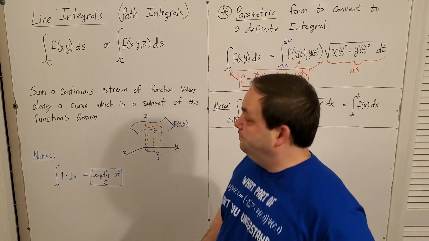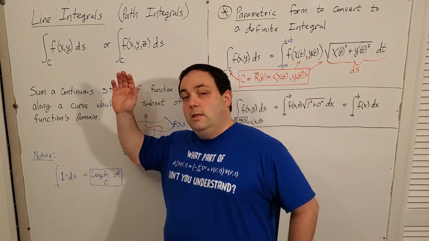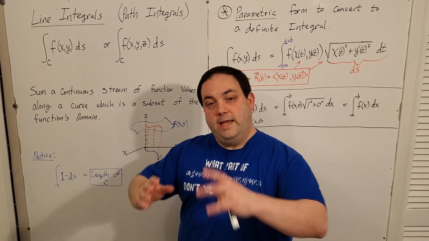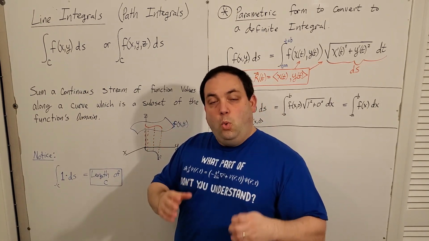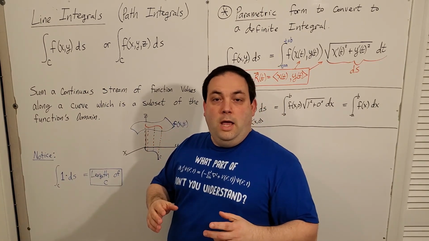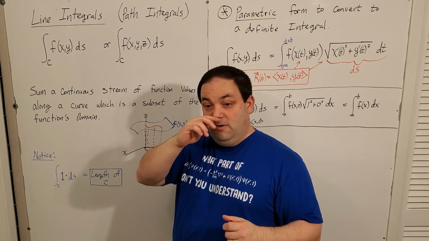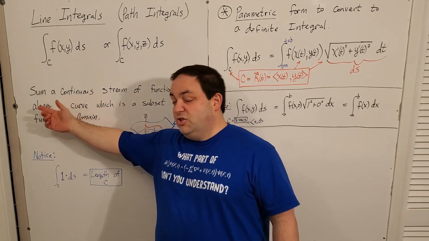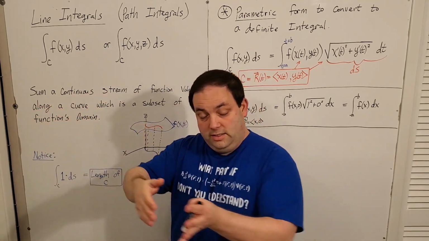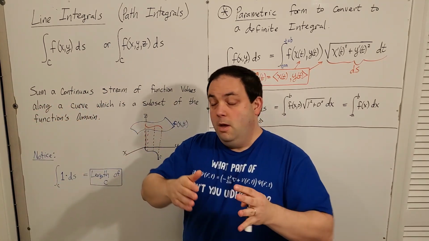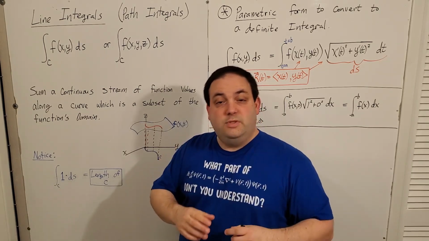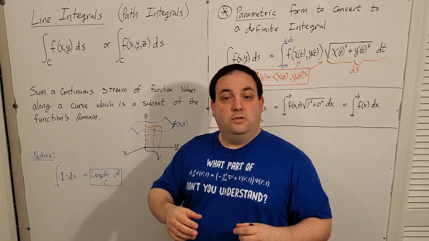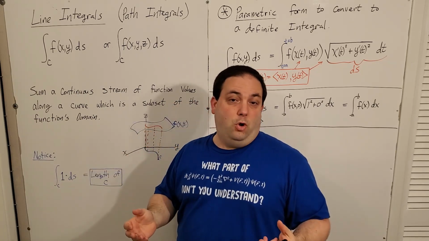We'll start there though. So a line integral is taking the idea of a one-dimensional integral but applying it to something other than an axis. Imagine being able to sum a continuous function over some subset of your domain, in other words, a path cut out of your domain.